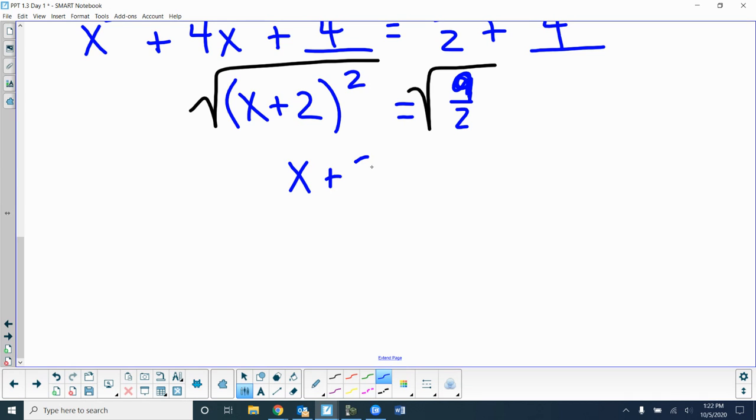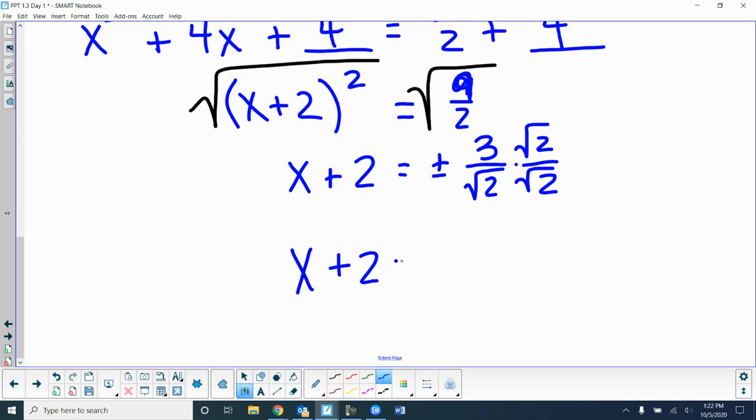Yeah. And then equals plus and minus 3 over the square root of 2, right? Can we leave it like that, that 3 over the square root of 2? No, you have to multiply top and bottom by the square root of 2. Right, we have to rationalize the denominator, which we've done already this year, right? So we just have to rationalize our denominator to make it look like it's supposed to.